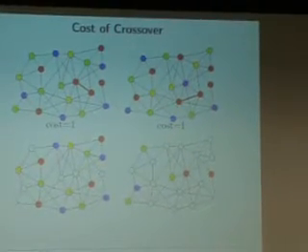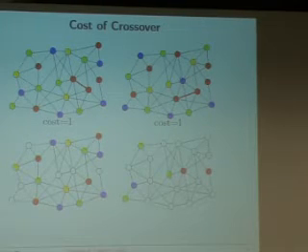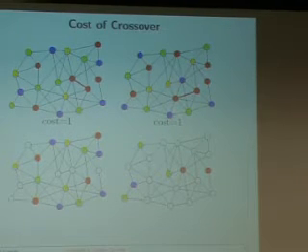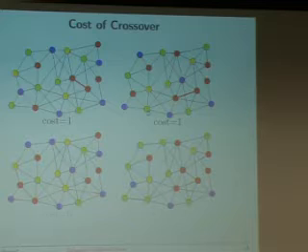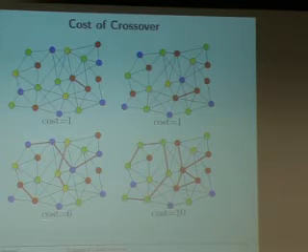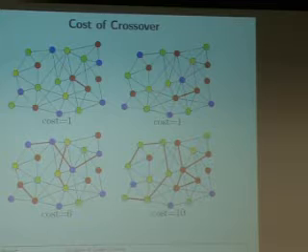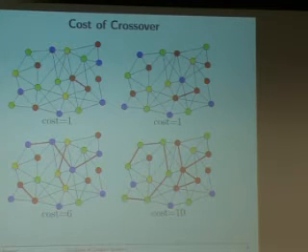I've randomly chosen some of those vertices and put the same colors here, and the rest of them I put into the other child, and then I fill in the rest from this child. In this case I get a very large increase in cost, and so this is a cost of crossover. It can be a very, very disruptive operation, and we're going to talk at some length about when crossover is a good thing to do and when it isn't.